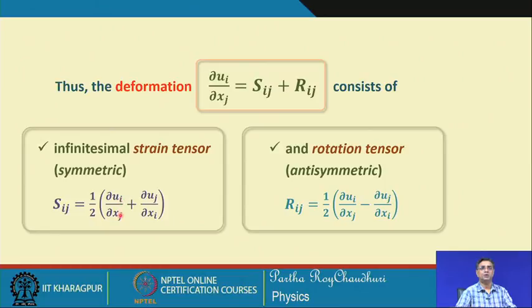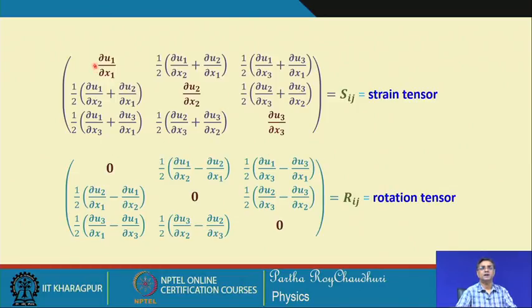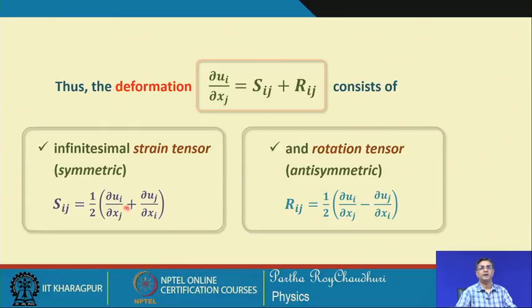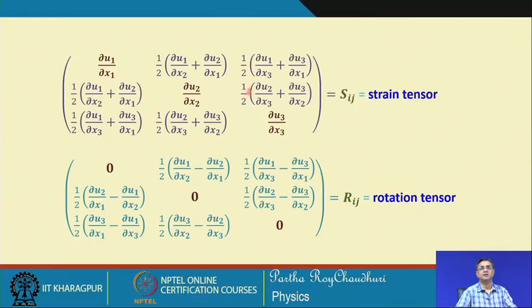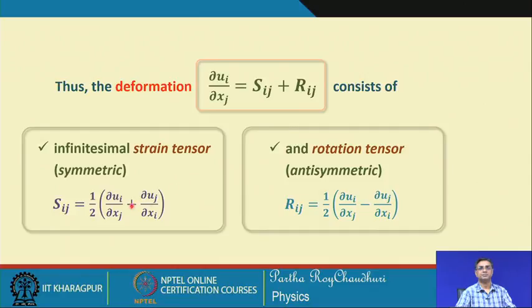If i equals j, then we get the diagonal elements, where i and j are the same. So, this will represent the normal strain, and if they are different, then we get the shear strain, that is the tangential strain, which is represented by these off diagonal elements.